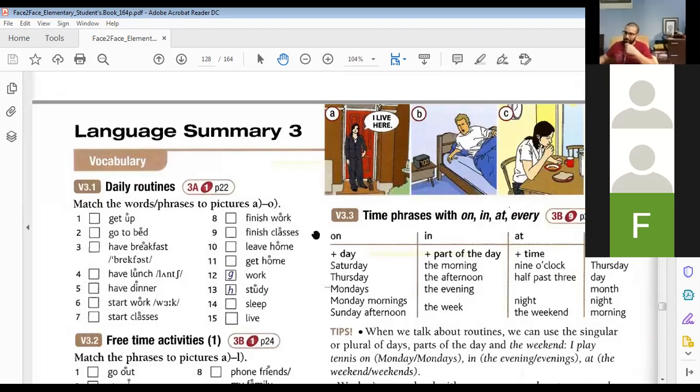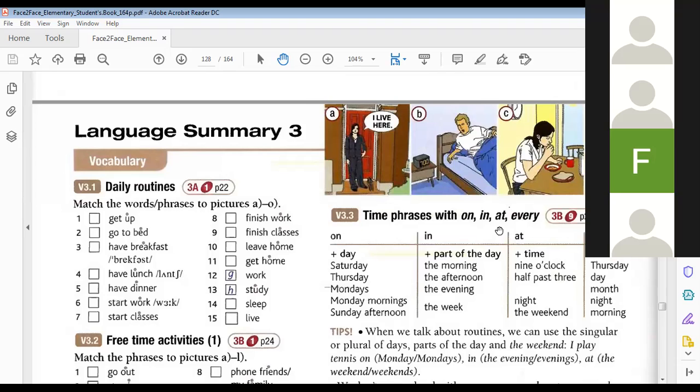Which one do you think? Do you think this is get home or leave home? I think get home, because he introduces himself and says I live here. Okay. Who agrees? Who thinks this is get home? Yes, I agree. Do you agree?